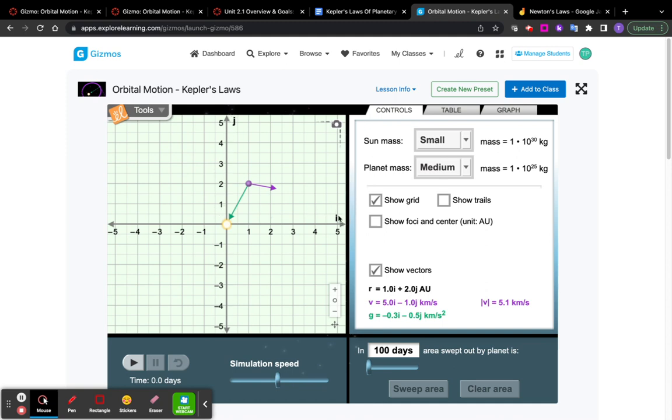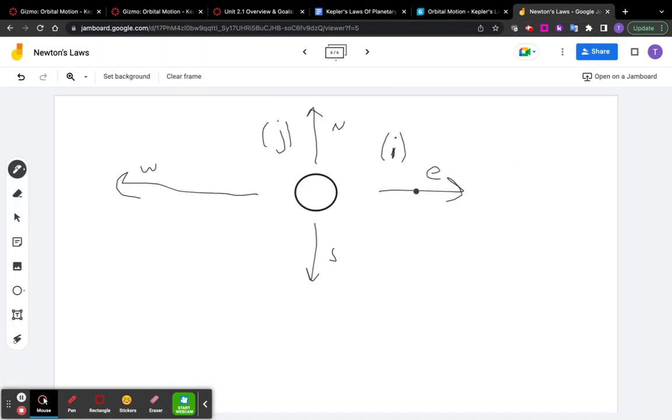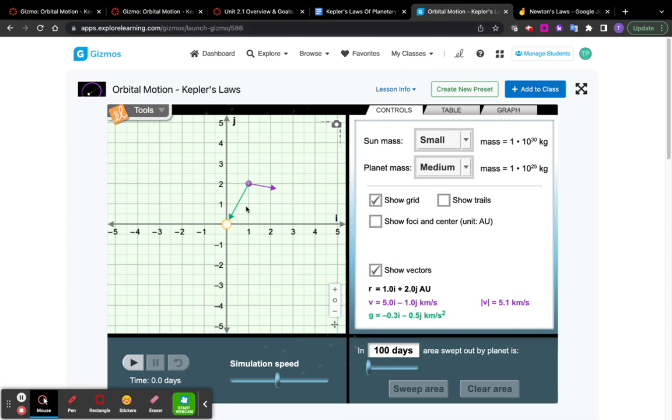The I component, east to west, that's on the x-axis. So for this simulation, if someone were to tell us a couple of numbers, like on a graph, the x, y, which in this case is going to be I and J, then we could pretty much understand where that planet is in space.